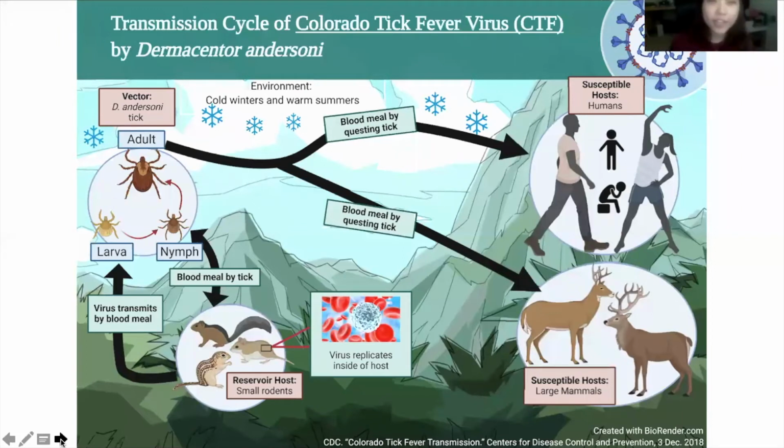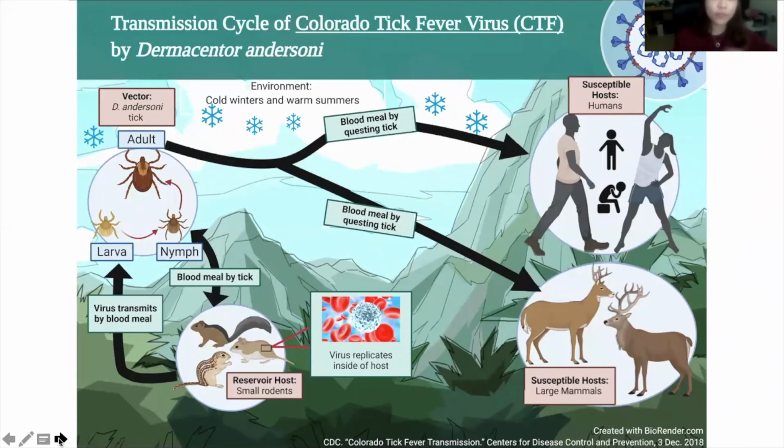Okay, and here is the transmission cycle of the Colorado tick fever. As Jordan mentioned before, it is vectored by the Dermacentor andersoni, as we can see at the right of the infographic. The transmission cycle is a little bit complicated because every stage of the tick makes some contribution to the pathogen transmission.